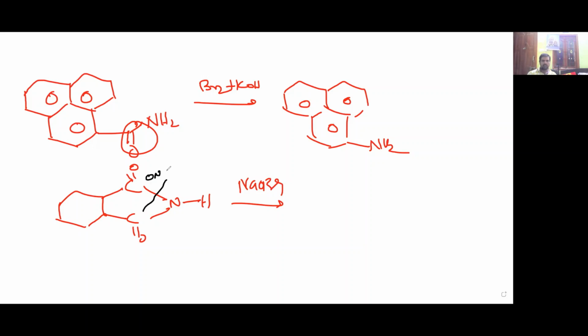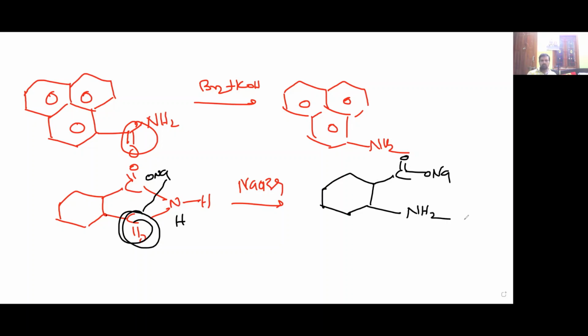Your ONa is added, your C double bond O is missed, your hydrogen is added. Then what will be our product? This is a cyclohexane ring. Here COONa, and here it is forming directly connected NH2. This is our product. Is it clear? I hope it is clear.